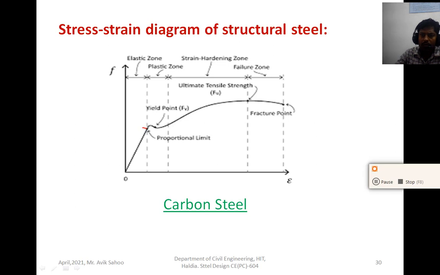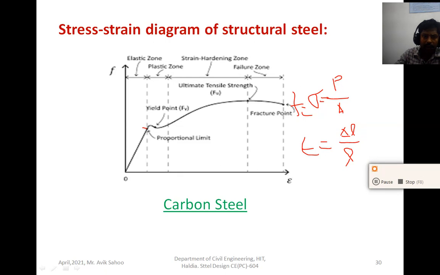The load by the area gives the stress, F. The deformation from the dial gauge gives the strain, which is the change in length by original length. So we compute the strain, then the stress, and now we plot the stress strain diagram. Strain is plotted on the x-axis and stress on the y-axis.